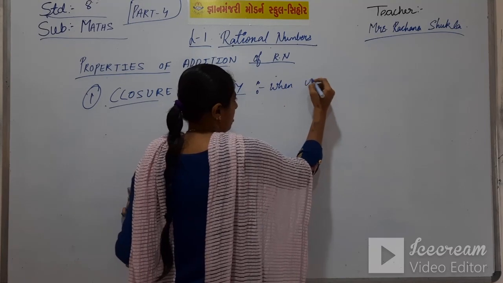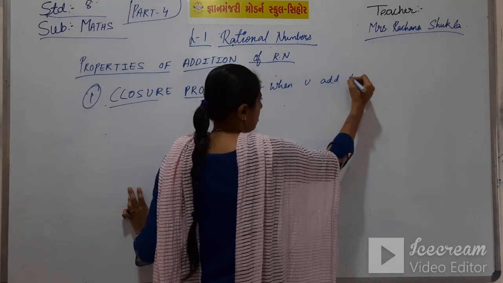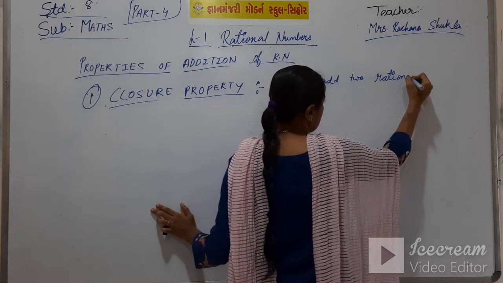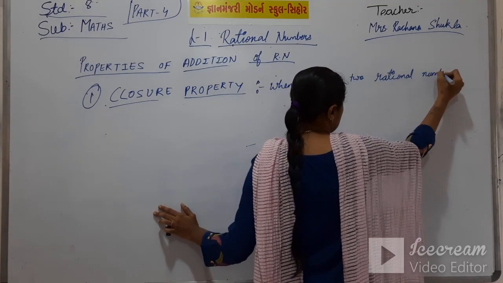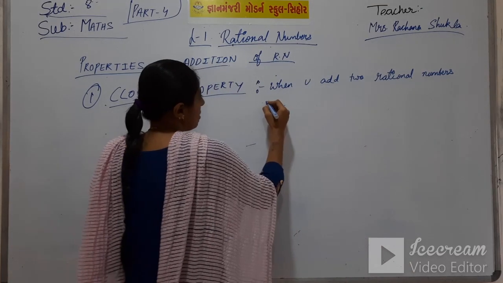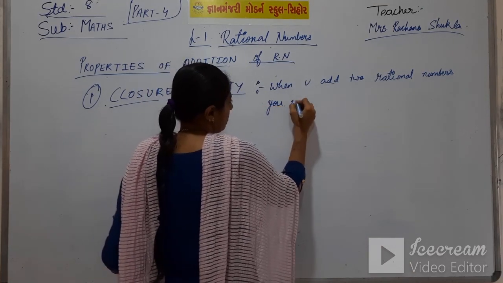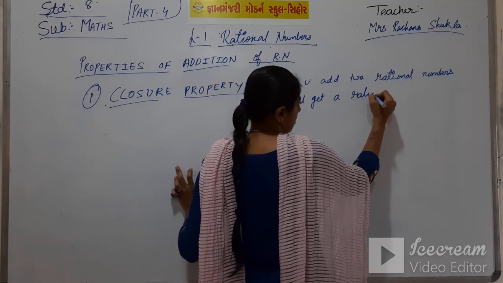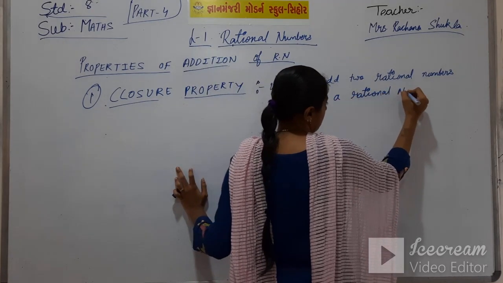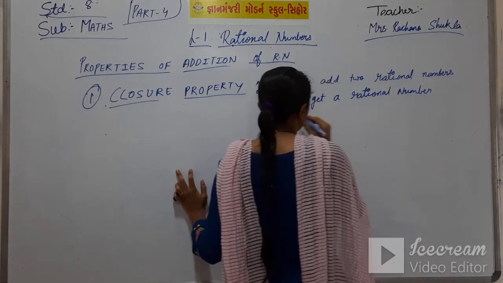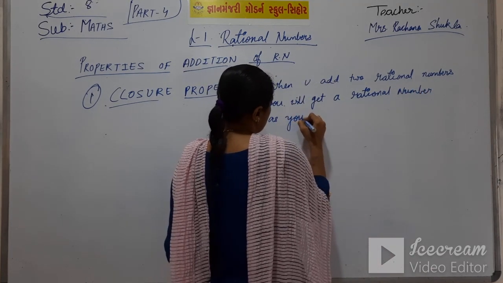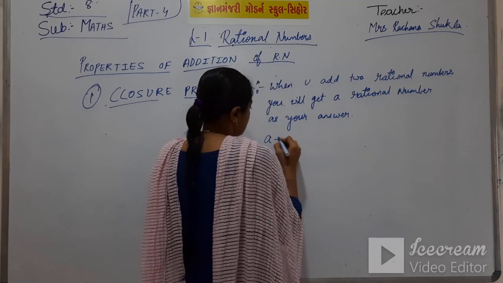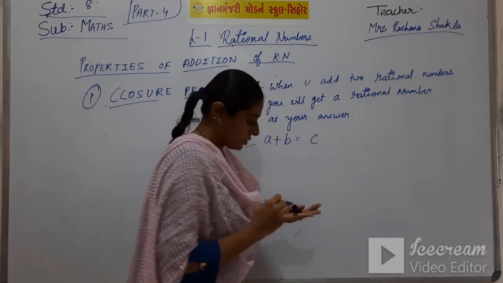When you add two rational numbers, you will get a rational number as your answer. That is A plus B equal to C.